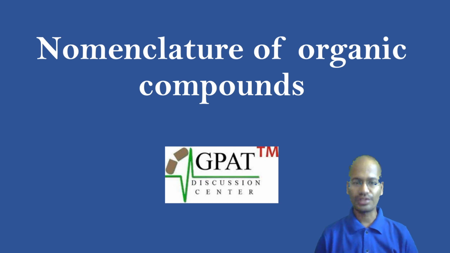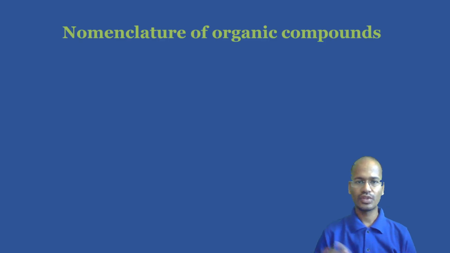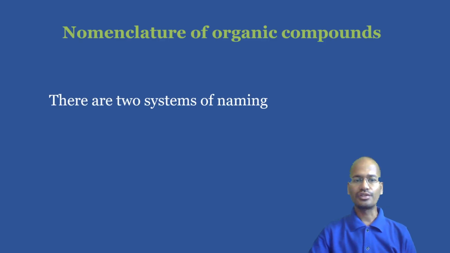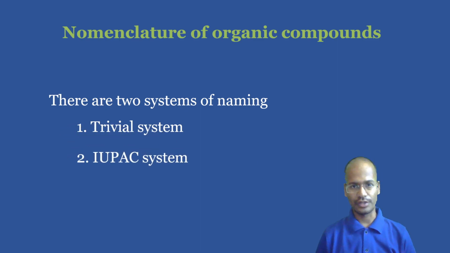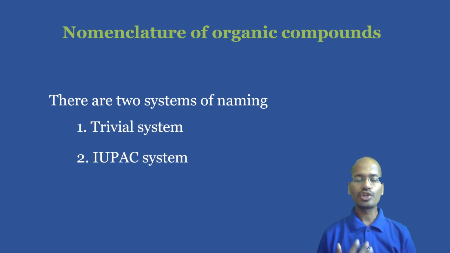So let us go into the slides. Nomenclature can be given by following two systems, especially for organic molecules. Those are the trivial system of nomenclature and the IUPAC system of nomenclature. Trivial system of nomenclature purely depends upon its source, origin, or something else.